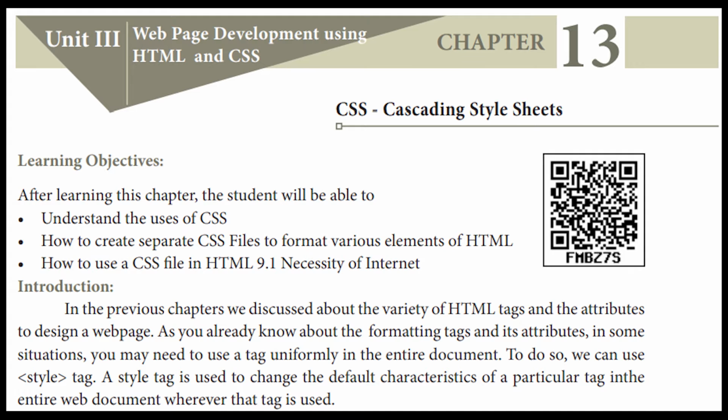Or with this cascading style sheet, you can make changes for the whole text or for the whole web file itself. Okay, so this CSS was invented by Hakon W Lie, in the year 1994, October 10.